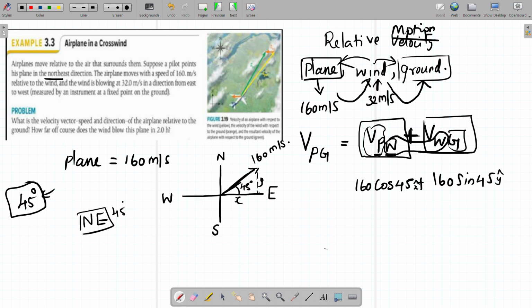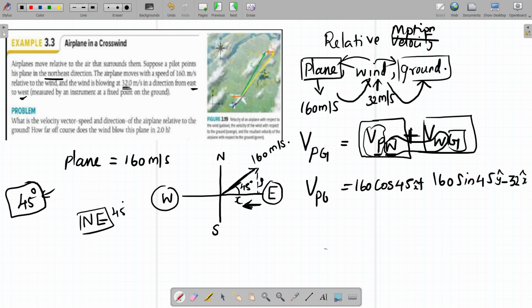And velocity of wind with respect to the ground is given here as 32 meters per second. The direction is east to west. East is here, west is here, and it is going to the left direction, which is negative x. So you can say minus 32 in the negative x direction.